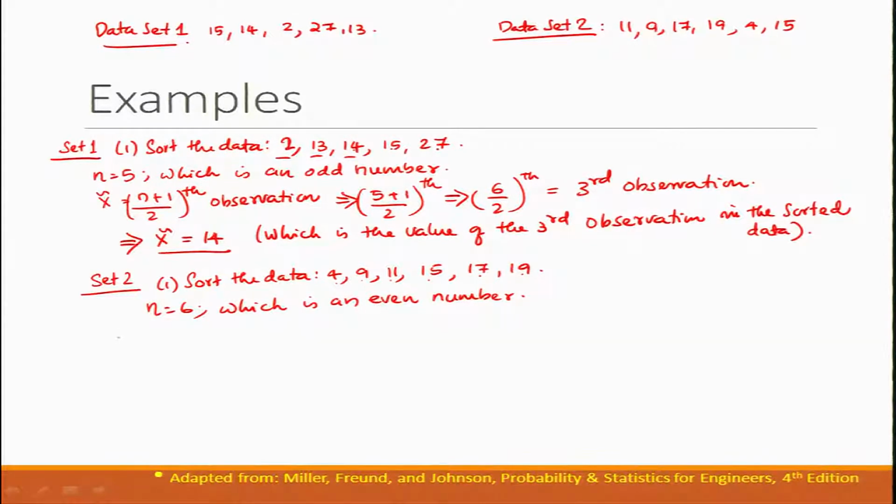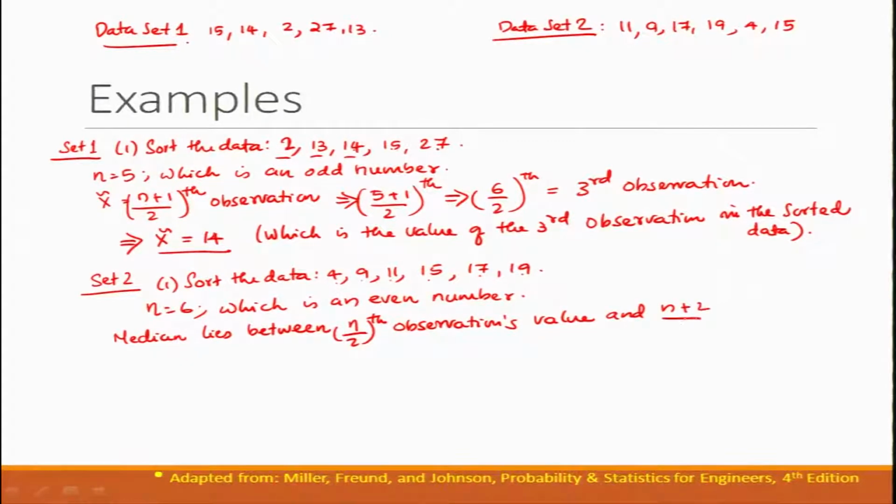Then the median lies between the n by 2th observation's value and the (n plus 2) by 2th observation's value.